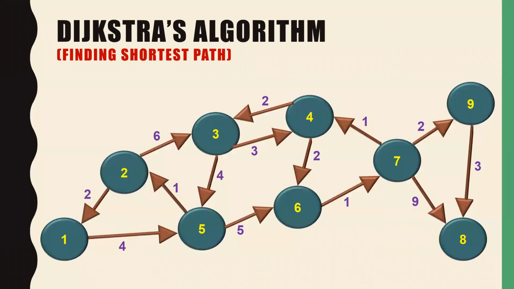All right. So in this example, say we have this graph or this network, right? And then isa siyang weighted digraph. So mas komplikado yung problem because there are associated weights sa bawat edges, all right?